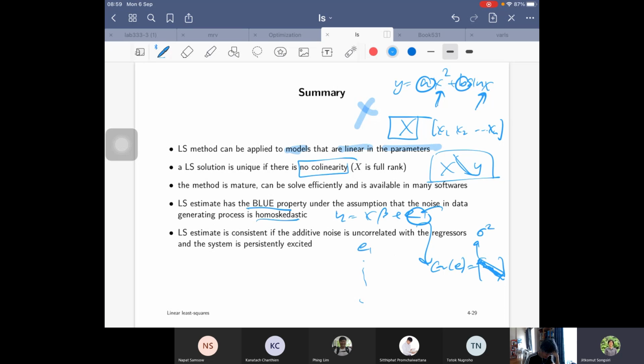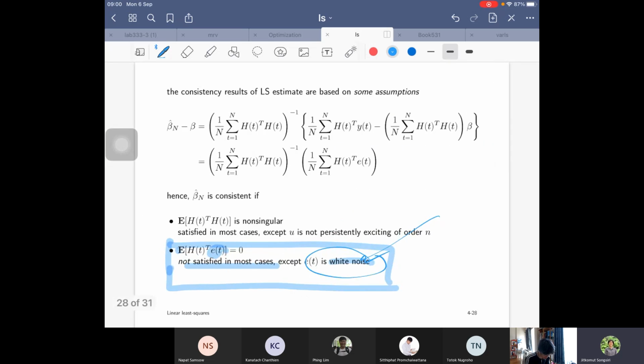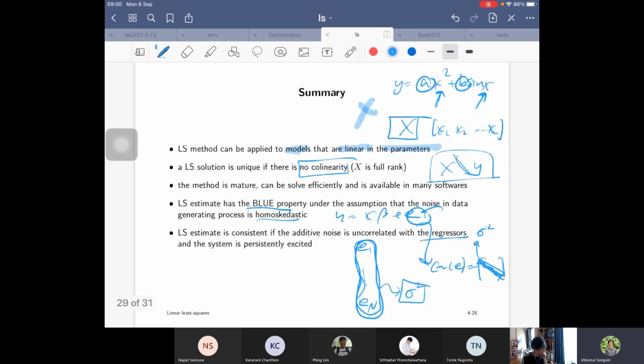In other words, the noise from each sample is IID, and they have a common variance sigma squared. The least square estimate is consistent if the noise is uncorrelated with the regressor matrix, the result that we just mentioned previously. Okay, and that is all for the least square estimator in this chapter.